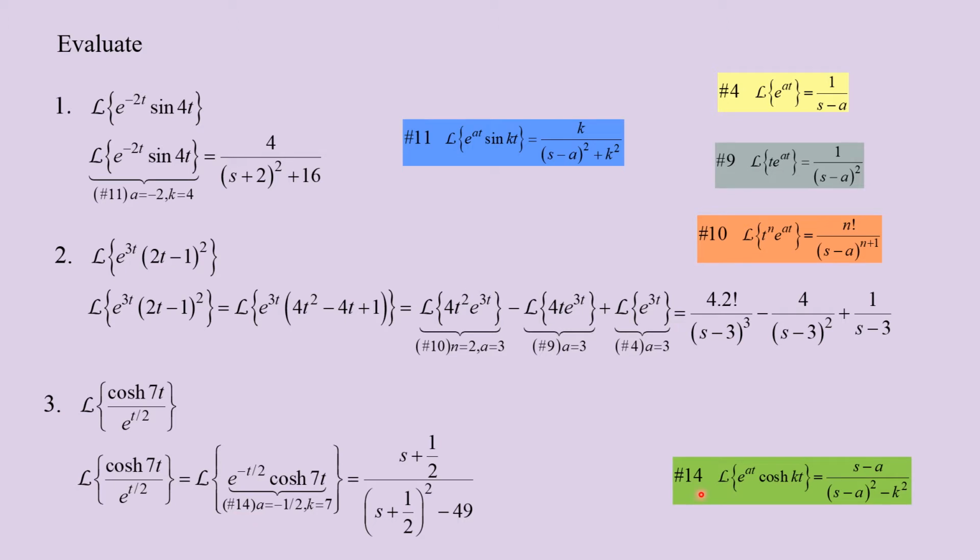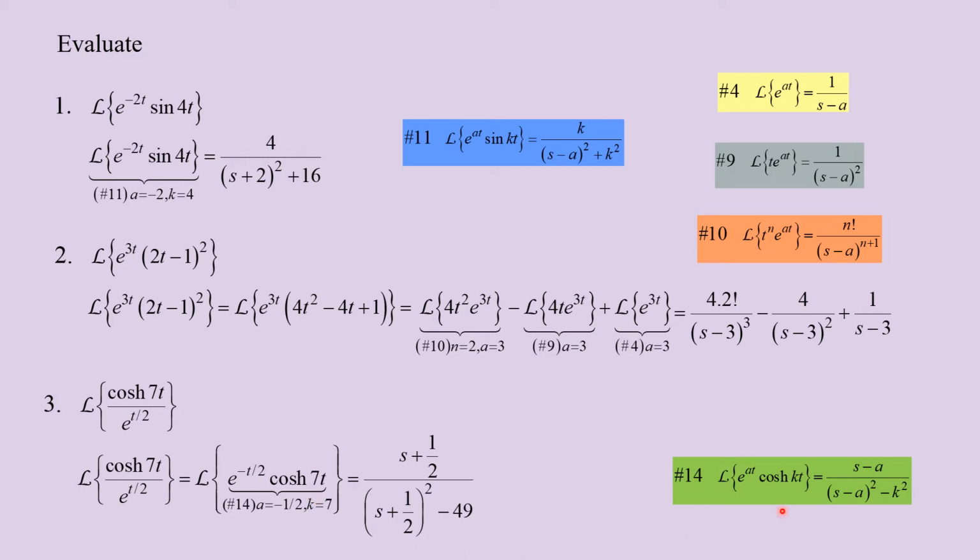Formula number 14, Laplace transform of e to the power of at cos kt. Comparing these two, notice that a is negative a half, and k in this question is given by the number 7.